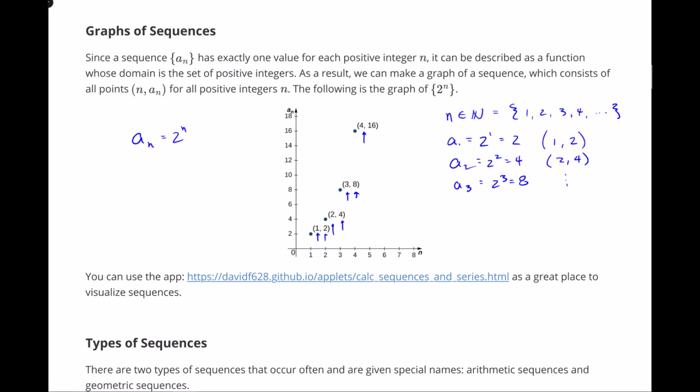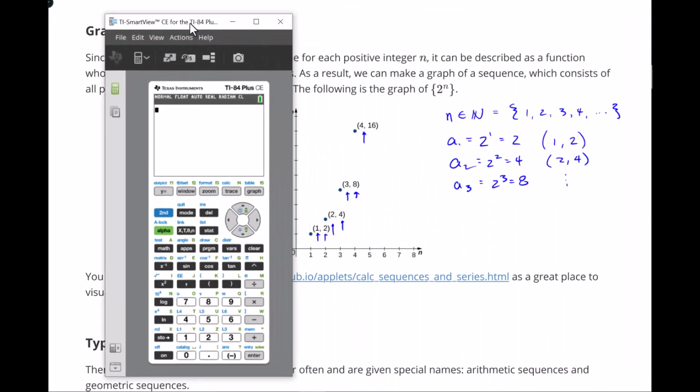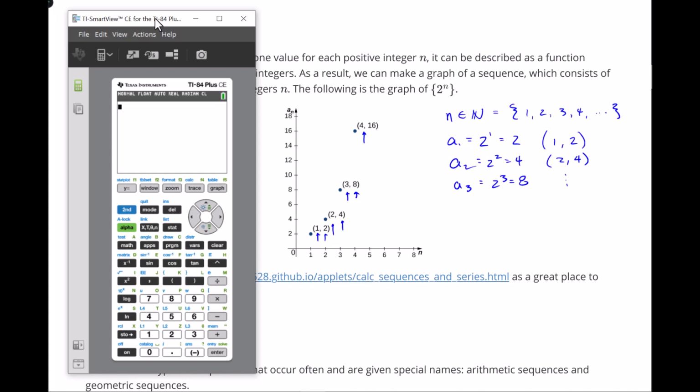Now, of course, your calculator can do these. If you want to see what it looks like when you do a graph of a sequence on the calculator, you can do that if you go under the mode settings and come down to where it says function and over to SEQ. That stands for sequence.